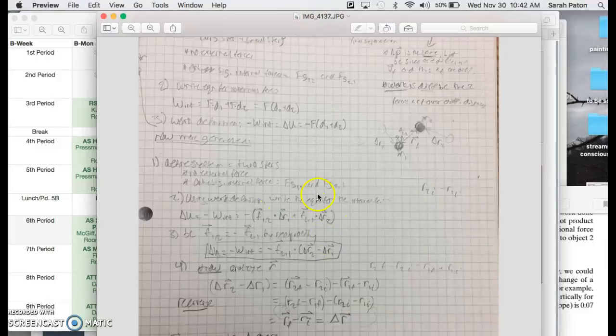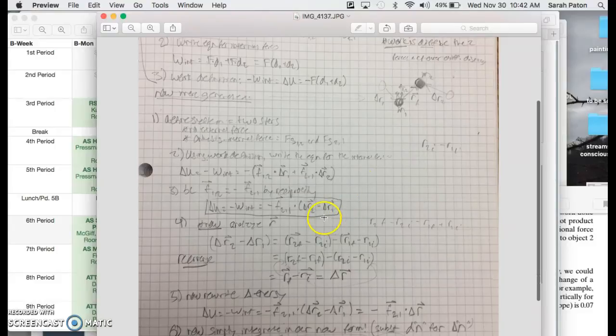So that turns this equation into change in work internal equals the negative of the force of 2 on 1 times change in R2 minus change in R1, because work is happening: star 1 is traveling this way as FG is acting on it, and star 2 is traveling this way as star 1 is acting on it.